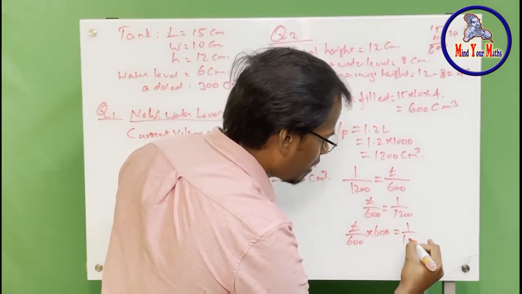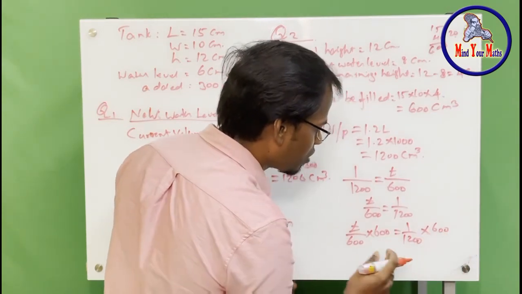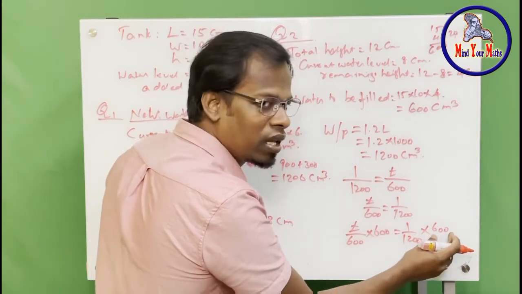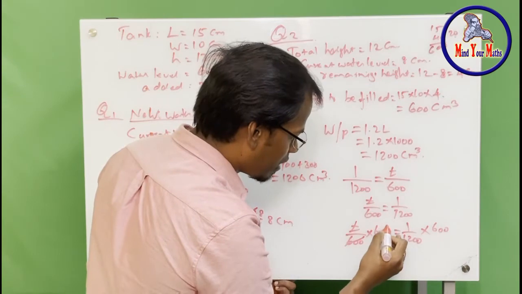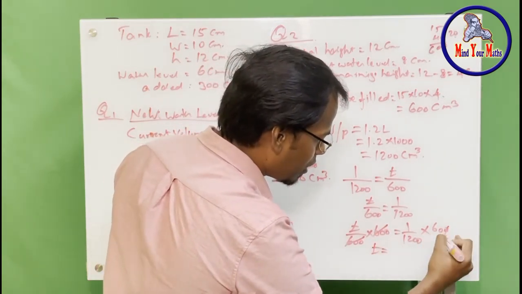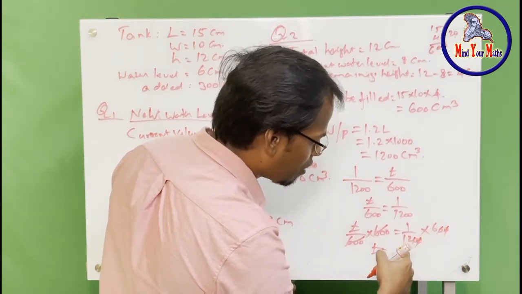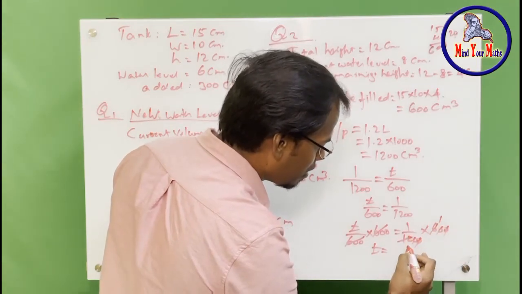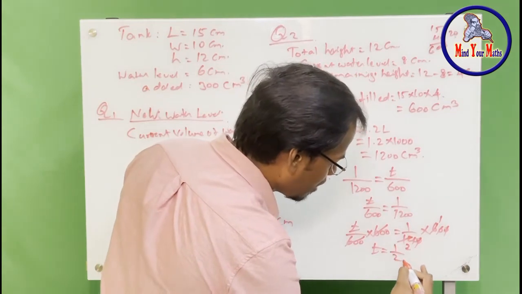Therefore, 1 by 1200 times 600 also, because we are multiplying on the left side by 600, so we have to multiply by 600 on the right side as well. So here the 600 gets cancelled, so we are left with only T. Here we can cancel these two zeros, and then 6 and 12, this can go for 6 itself. So this is 1 times 6 is 6. Here 2 times 6 is 12, which equals 1 by 2.